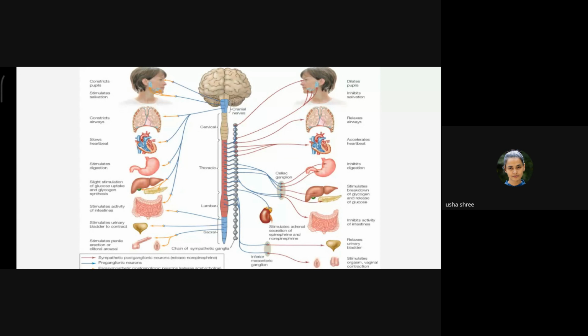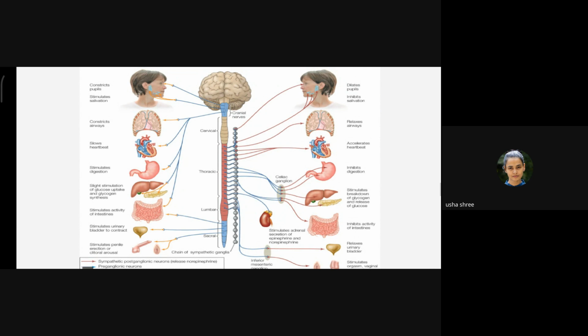And from the cervical region, no sympathetic or parasympathetic preganglionic neuron is originating. The cervical region is totally empty. Got it, ma'am. I got confused because I was thinking, why are these starting from the cervical region?